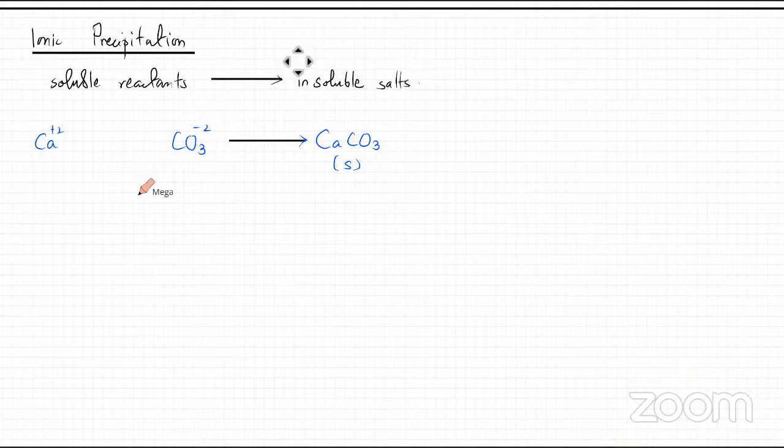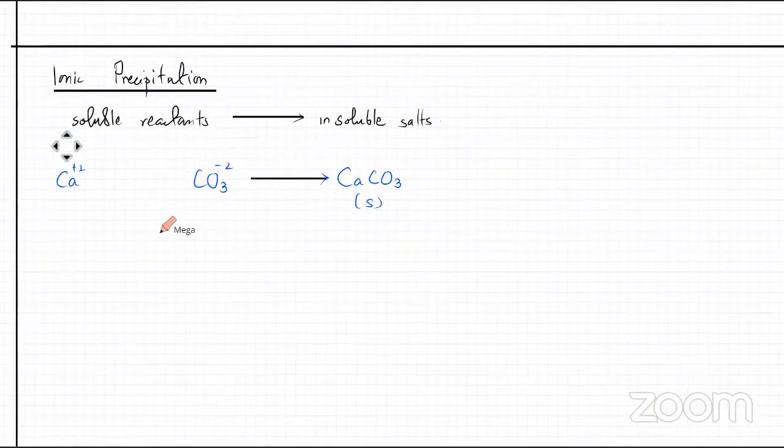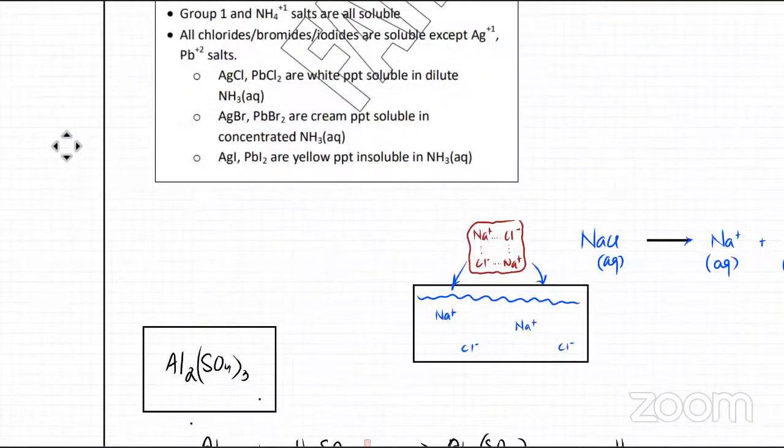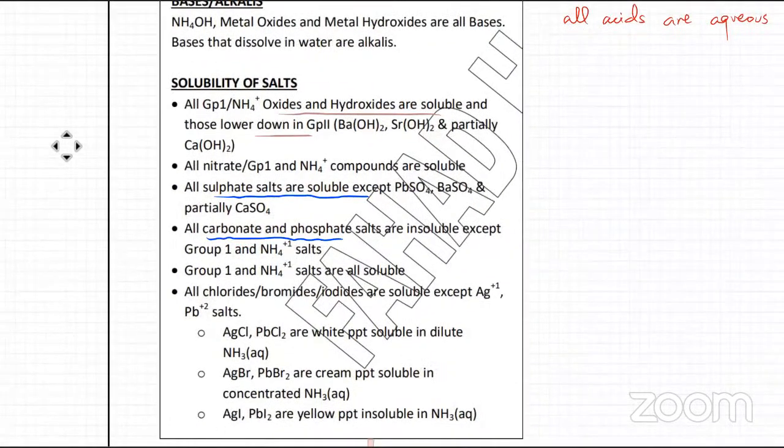So I'm looking for a calcium compound, because a calcium ion can't be alone. It has to be next to a negative ion. It must be some sort of compound. So I would need the solubility table. Here's a solubility table.